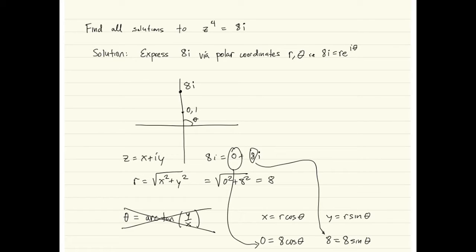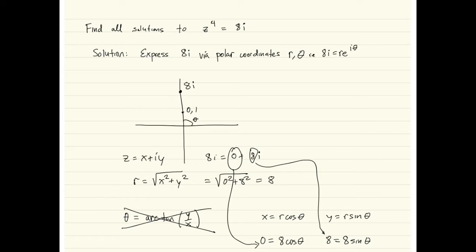Okay, so to find theta, it's a little bit more complicated. You could use this formula, but the reason I crossed it out is there's some ambiguity in terms of what quadrant you are in. So another way is to use these two formulas relating the regular x and y coordinates to the polar coordinates r and theta. So x is equal to r cosine theta, which means that our x is 0.